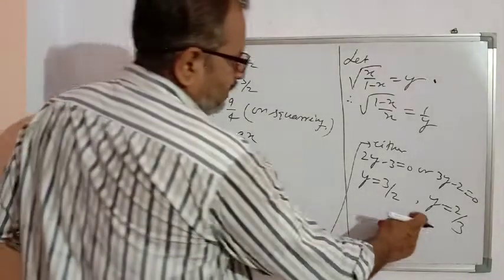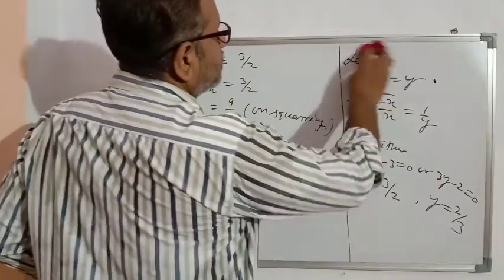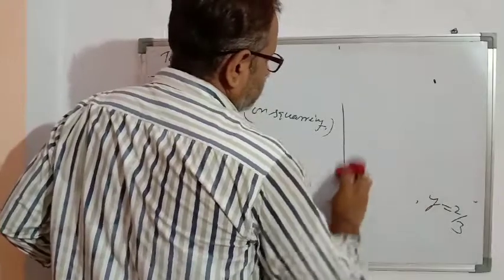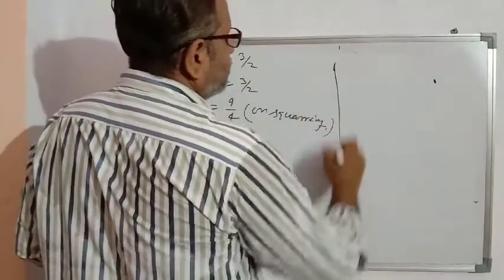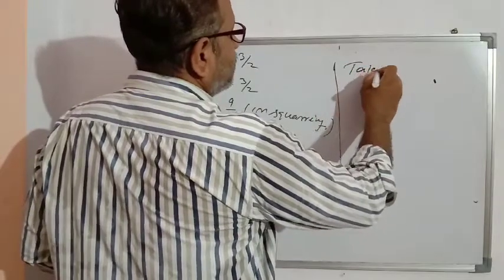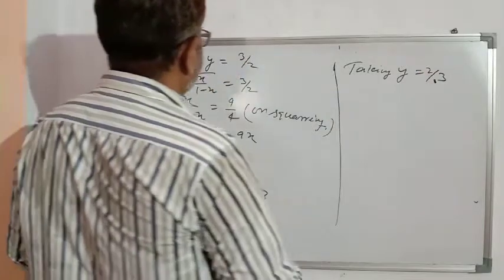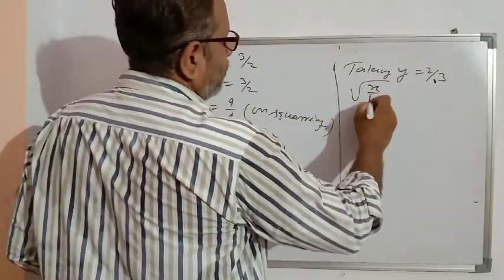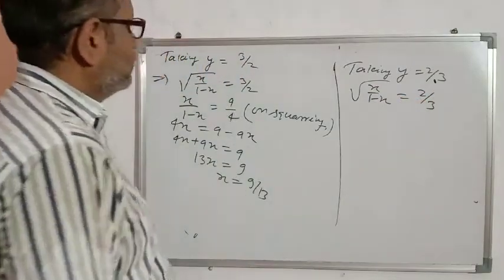Next time we will take y is equal to 2 by 3. What is y? Under root x upon 1 minus x is equal to 2 by 3.